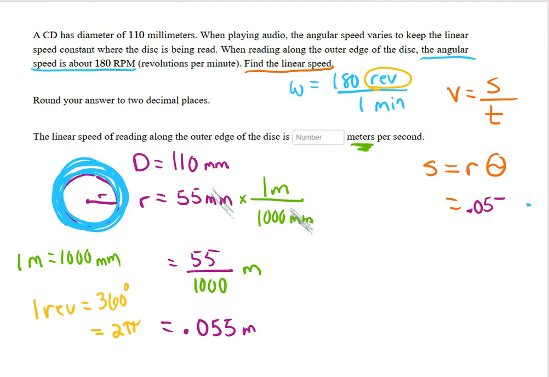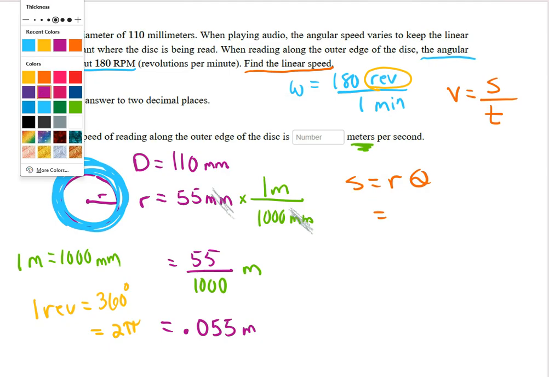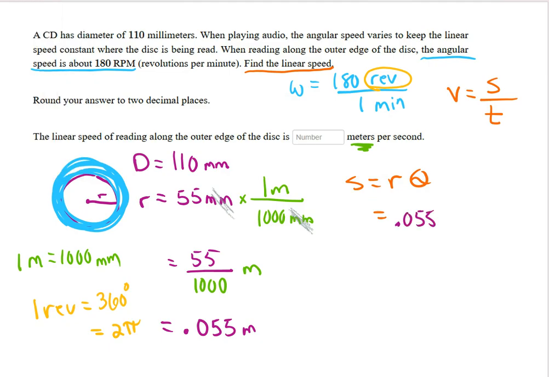S is equal to r times theta, and the radius is 0.055 times theta. Theta is going to be the angle measure.